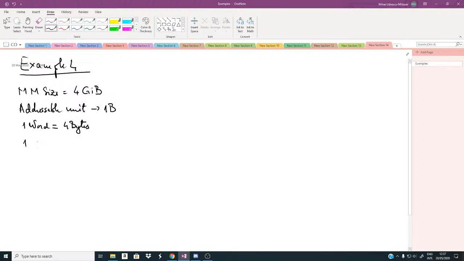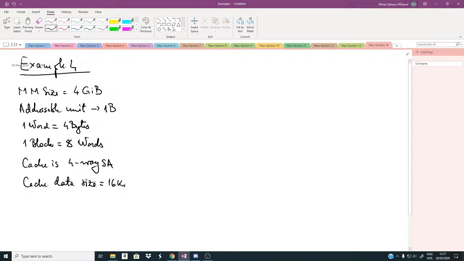One block would be on 8 words, and the cache is 4-way set associative. And the cache data size is 16 kilobytes.